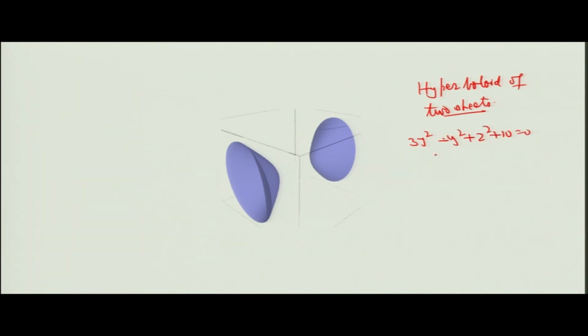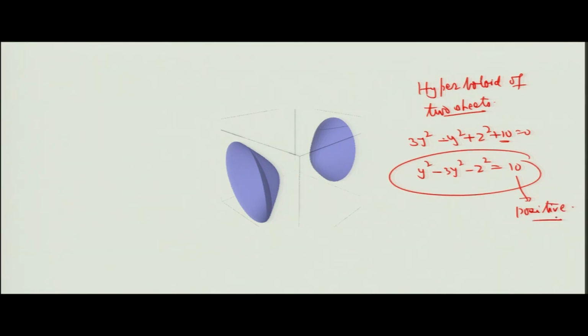Just see here, 2 sheets, basically because plus 10 I have to put on that side, so I will get negative. So, what I will get is y square minus 3x square minus z square is 10. I had taken everything with respect to this being positive. All right. So, this is positive, there are two of them. So, there are two sheets, one sheet here and one sheet here.